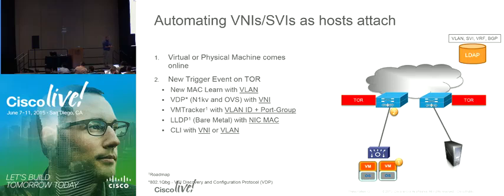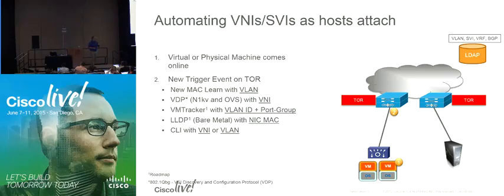I want to execute the CLI could also be a trigger. Or, even more fancy, there's the protocol called VDP, Virtual Station Interface Discovery Protocol, which is part of the 802.1 Qbg standard. These are all potential triggers telling the switch there's something new happening down south of it: a new VM or a new physical machine coming online.